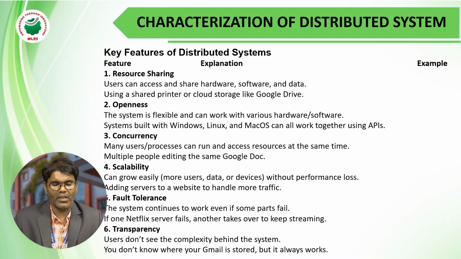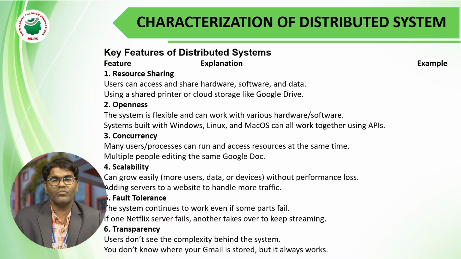Next one is openness. Openness means the system is flexible and can work with various hardware or software. Here the example is Windows, Linux and Mac OS. These all work together using the API, application programming interface.